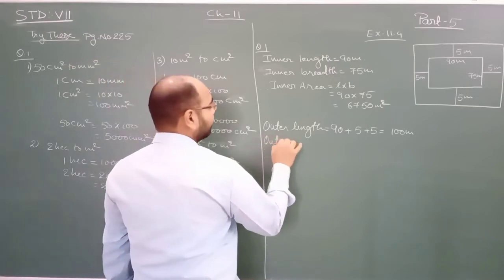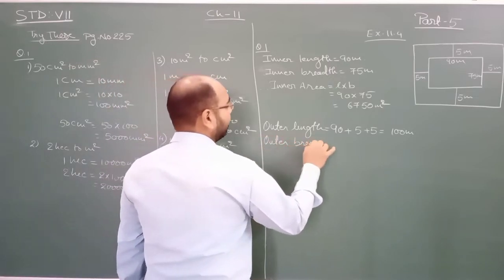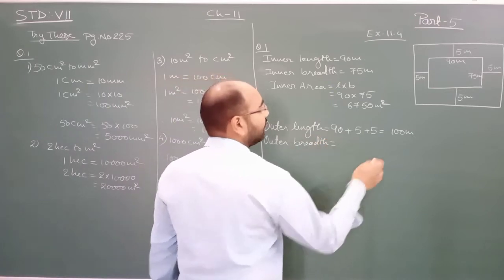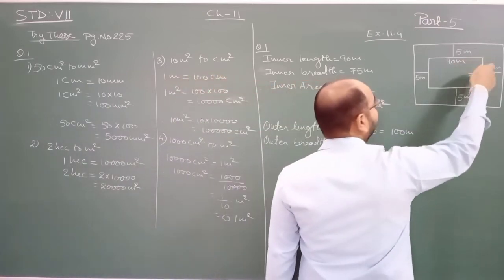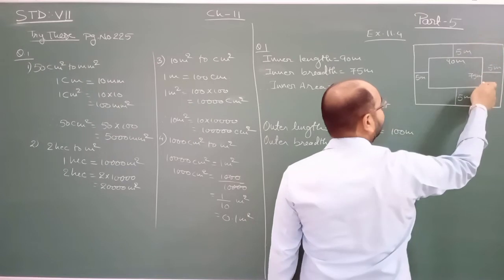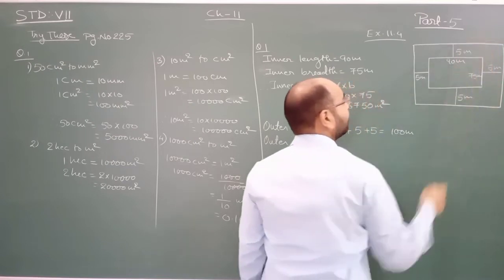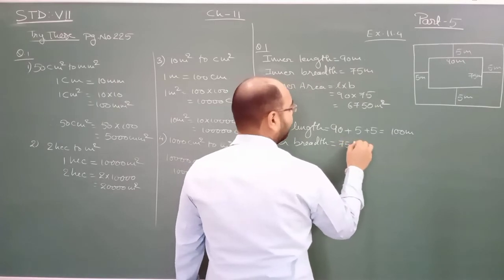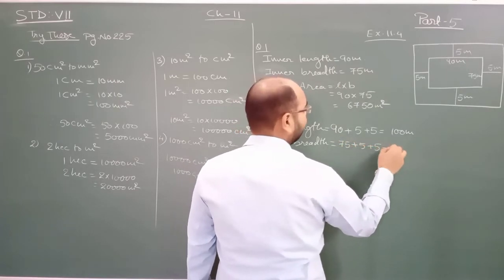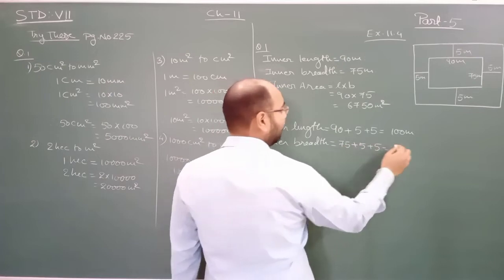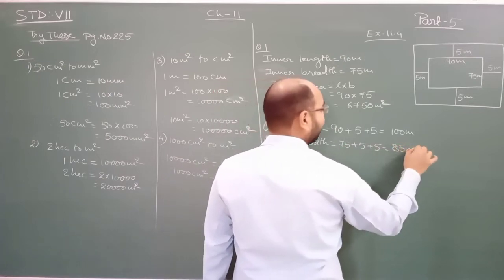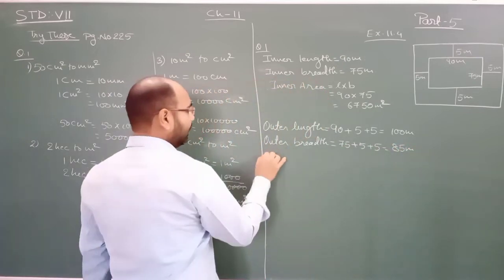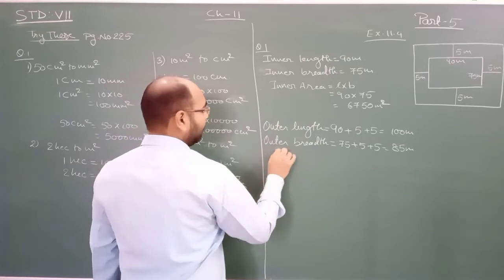Same way outer breadth, तो आउटर ब्रेथ अगर इतना 75 है, so ये 5 मीटर और ये 5 मीटर उसमें ऐड हो गए, so 75 + 5 + 5, so 85 मीटर.